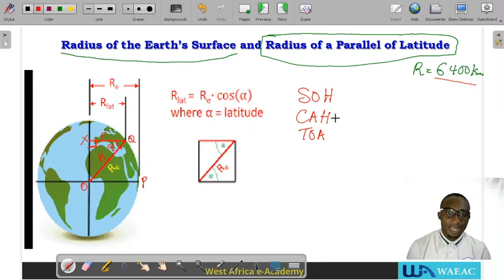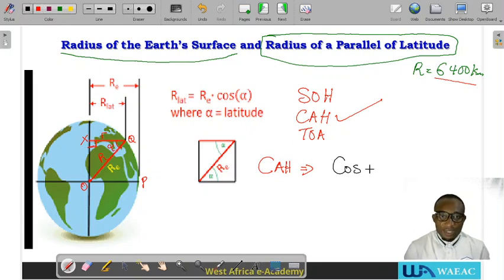So adjacent and hypotenuse, this is good to go. So we need to use our CAH to get our radius. So this simply means we need to do cos alpha equals adjacent over hypotenuse.